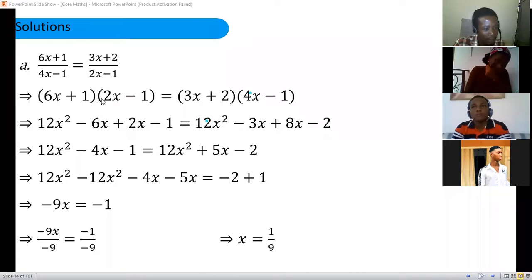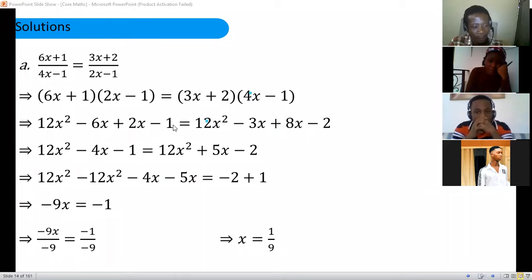Then 1 times 2x will give us plus 2x. 1 times negative 1 will give us minus 1. That is for the left-hand side of the equation.